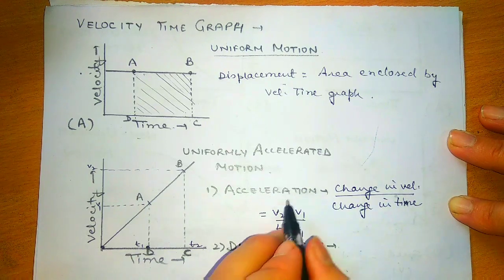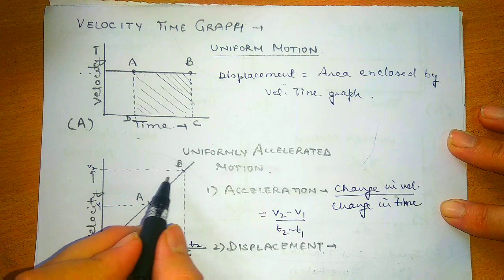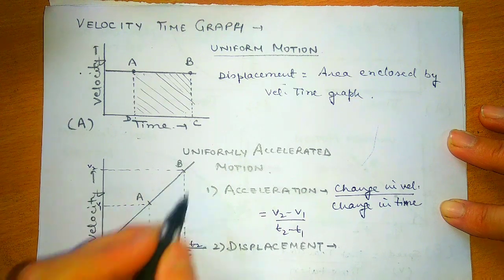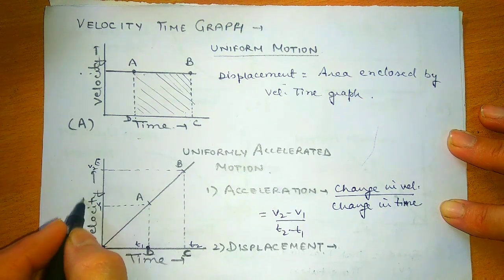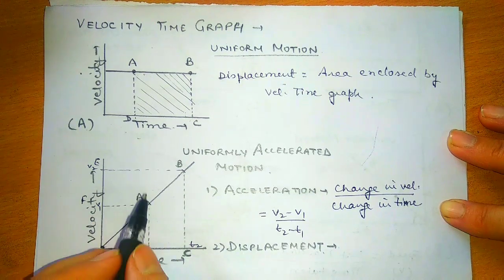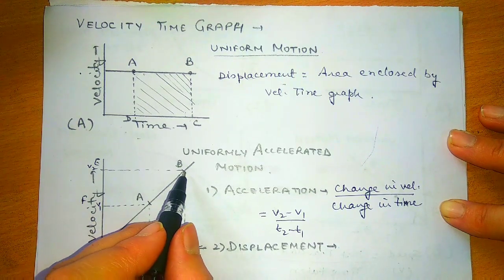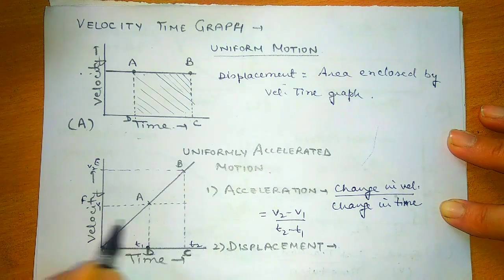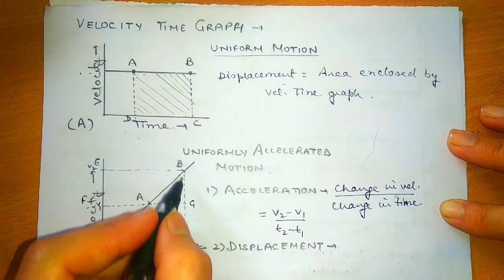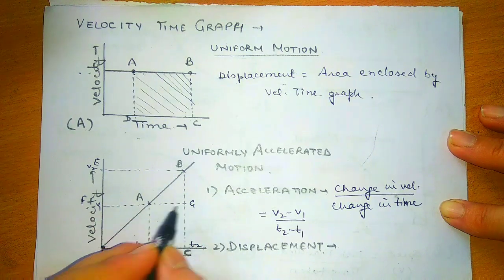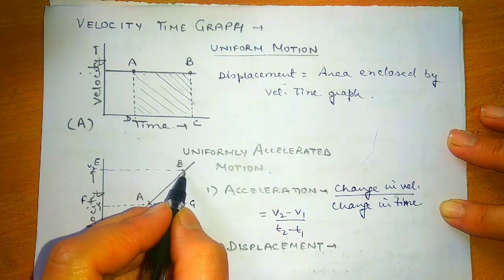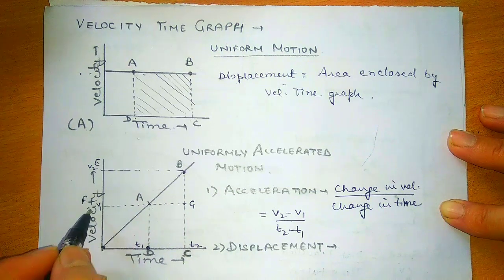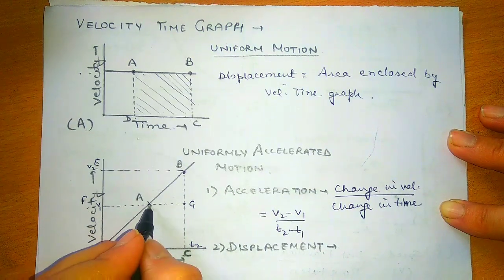So this ratio, let me write it as A, B, C, D, E, F. Okay, so what is this distance? If we talk about this distance, G. So this is BG divided by AG, that is V2 minus V1 divided by T2 minus T1.